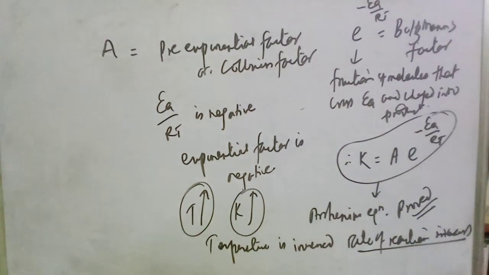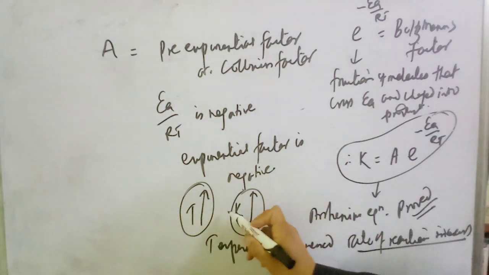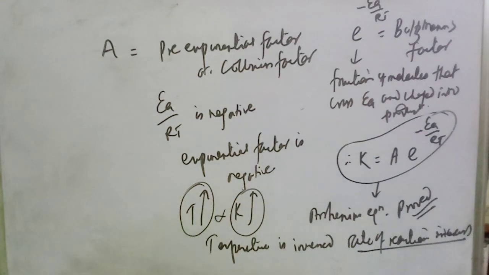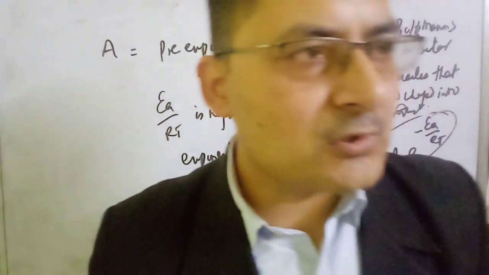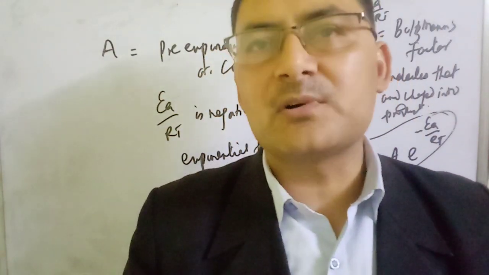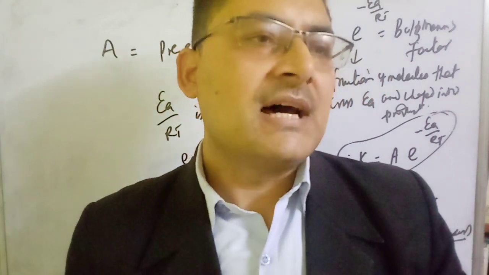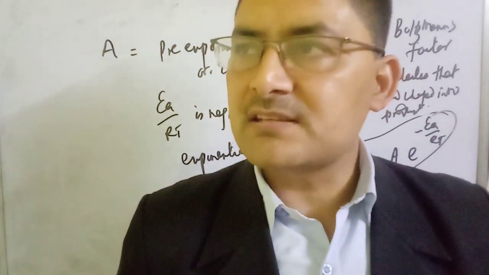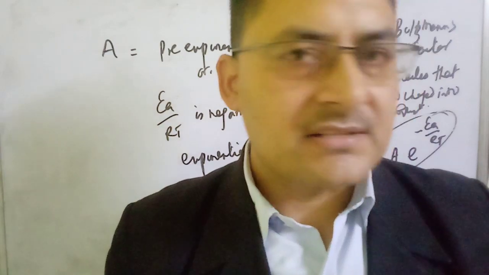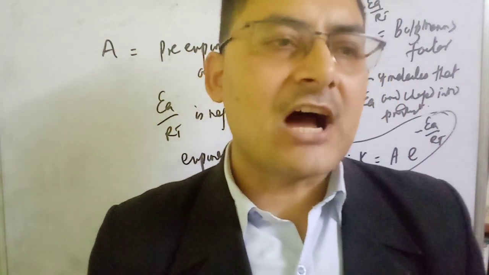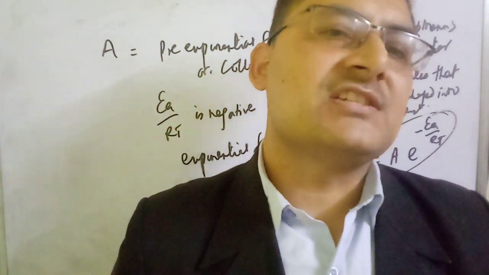EA upon RT is negative, so you can easily relate the rate constant k and temperature. When temperature is increased, the rate constant k is also increased, because T and k are directly related. The Boltzmann factor represents the fraction of molecules that change into product after getting enough energy of activation, or energy barrier. So you can easily get how much fraction of molecules are changed into product.